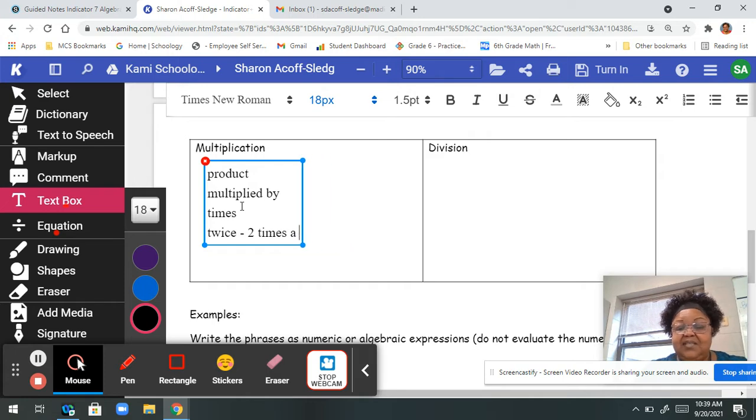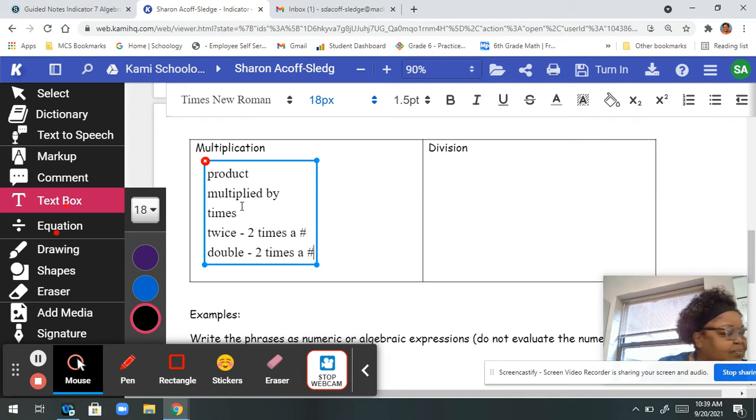I'm going to use the pound sign for number, just for space. So if someone has twice the amount of something that another person has, you'll have to multiply it by two. By the same token, double. A double, that's two times a number. And again, I'm using the hashtag, which also means number in my generation.